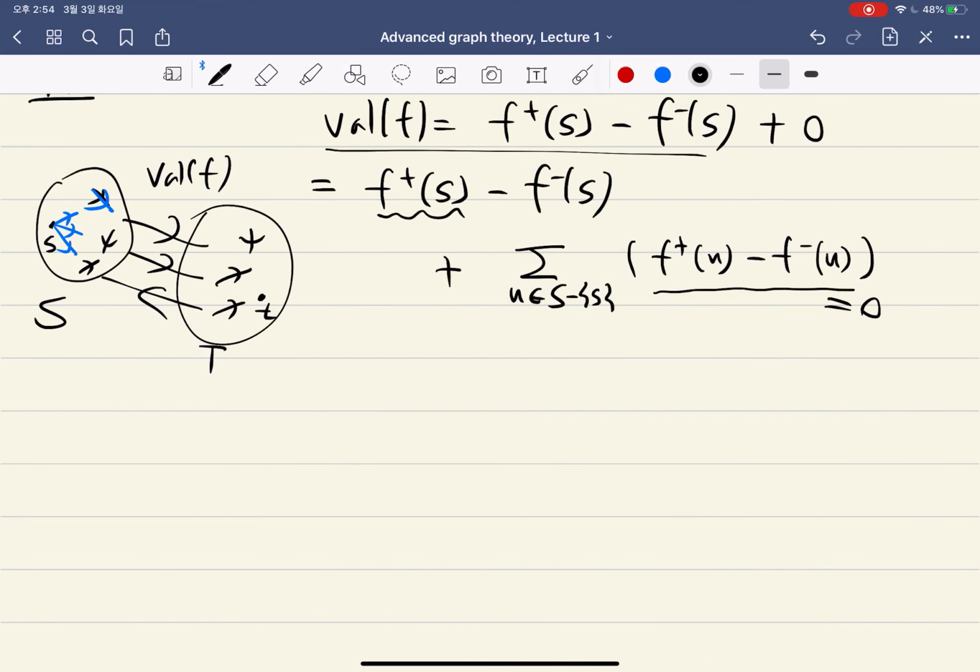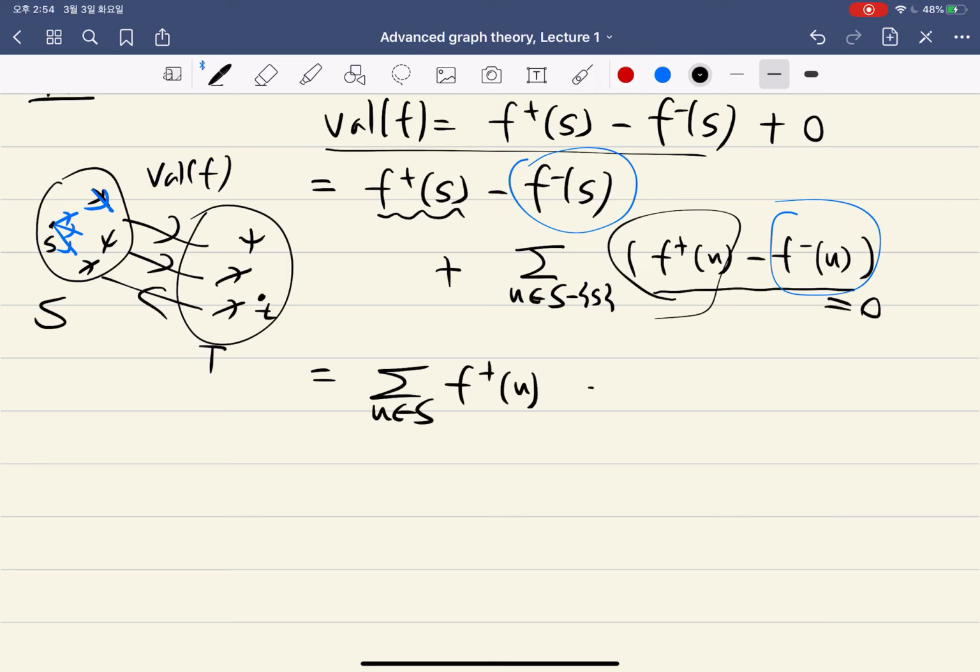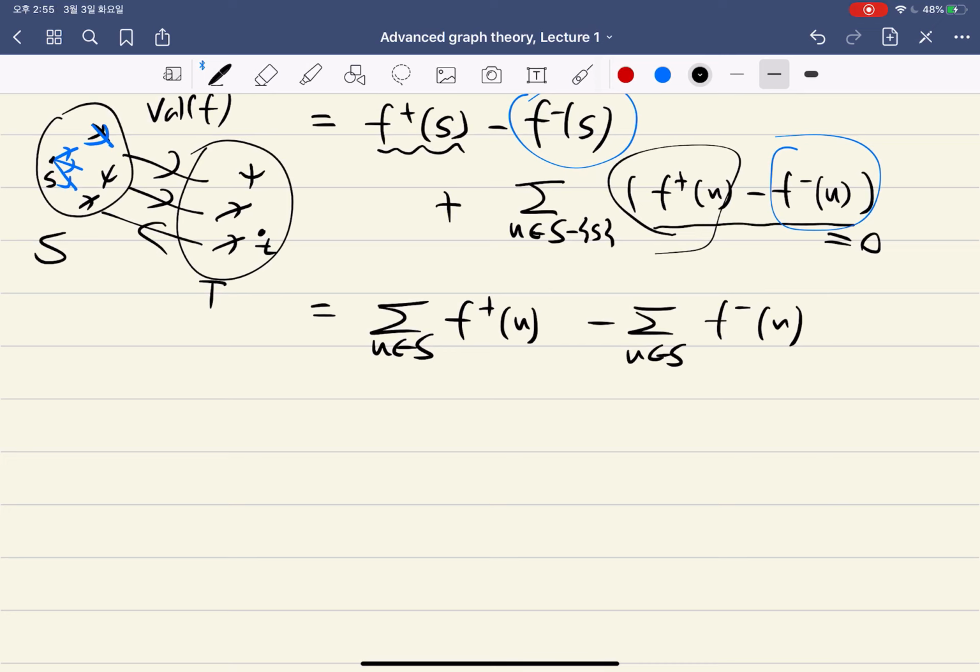But this one term and this term, and this one term and this term can be collected. So this is actually the summation over all vertices in S of f plus and f minus, and you subtract.